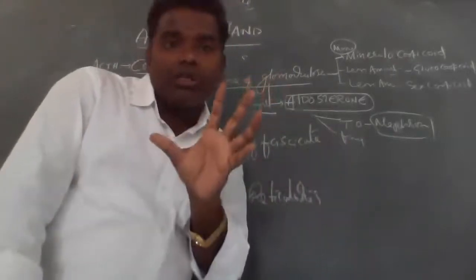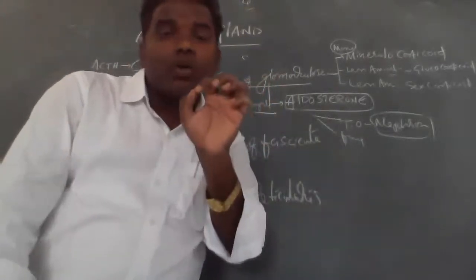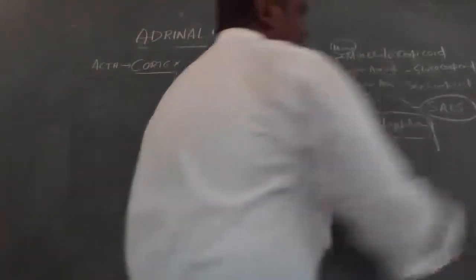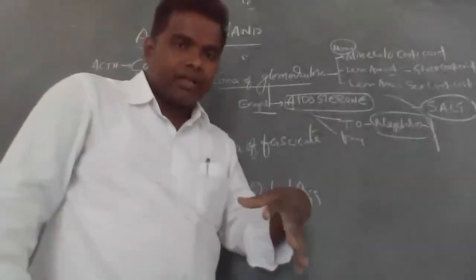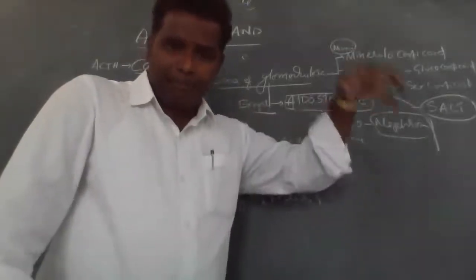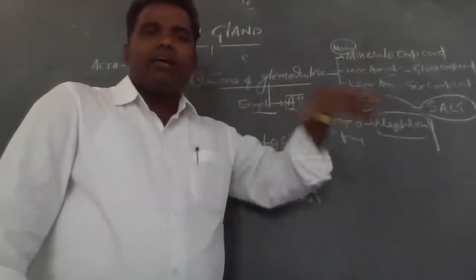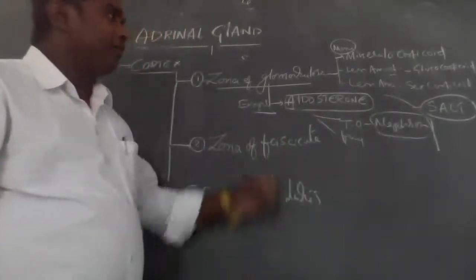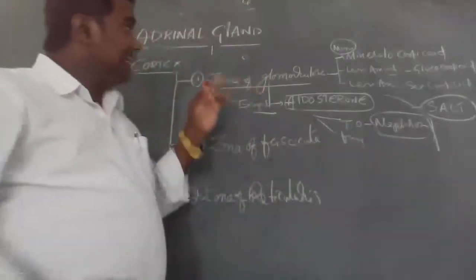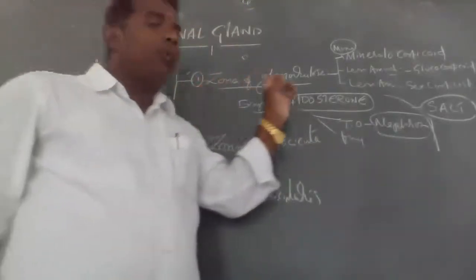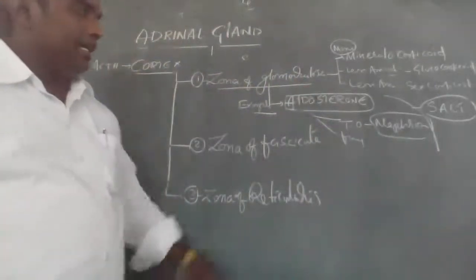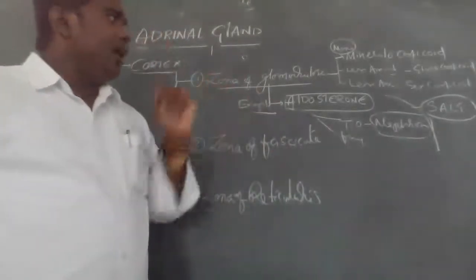That means formation of urine by absorption of sodium and chloride, and water, is controlled by aldosterone. That's why aldosterone controls the salts, maintaining the balance of minerals in the blood, in the formation of urine. That is very important.